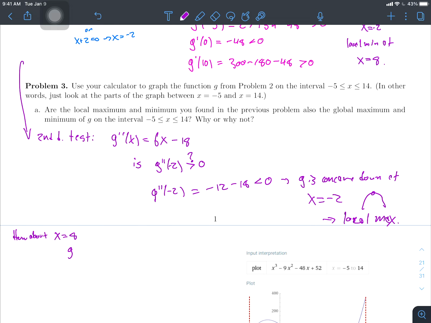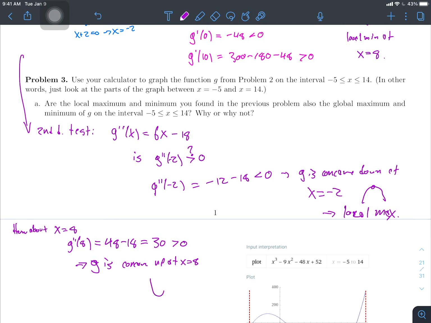Well, g double prime of 8 is 6 times 8, which is 48, minus 18 is 30, which is positive. So our function g is concave up at x equals 8, which tells us that we get a local minimum.